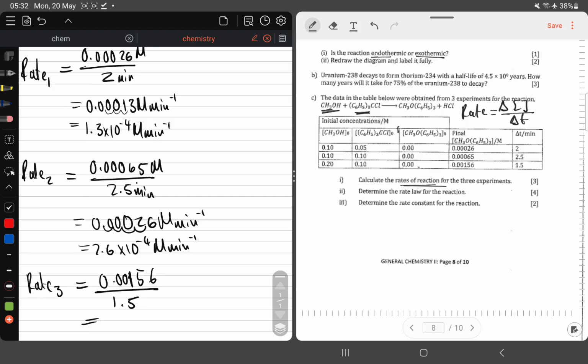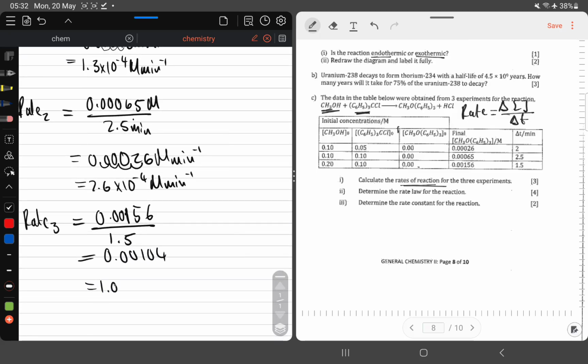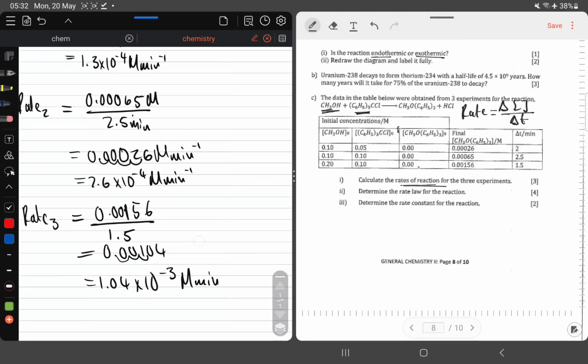What do I get? 0.00104, which is equal to 1.04 times 10 to the negative 3 molar per minute. There we go. Here we have our rates.